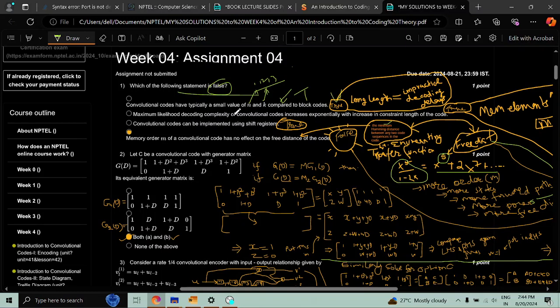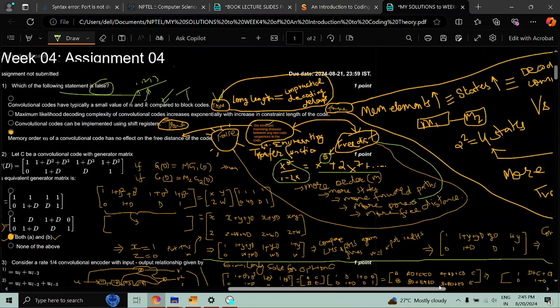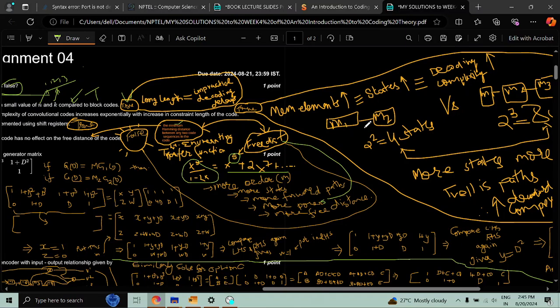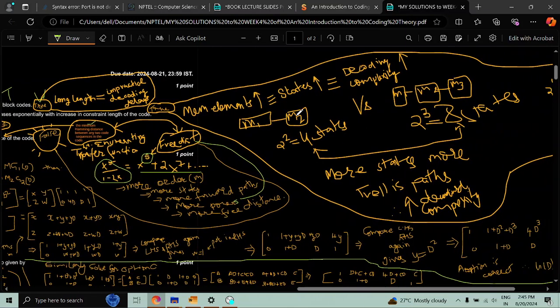Maximum likelihood decoding complexity of convolution codes increases exponentially with the increase in constraint length. If the constraint length is increased, memory elements will increase, states will increase. Suppose there are 2 memory elements, increased to 3, then the states will increase.